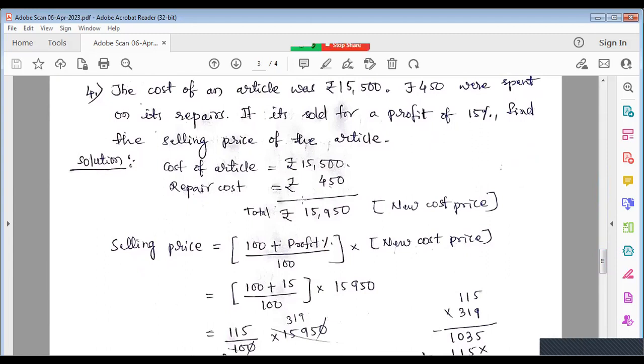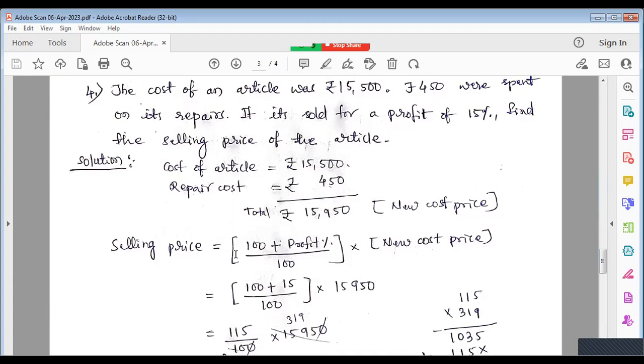Therefore, this repair cost you have to add to the cost price, because this is money spent by the owner of the article. So this gives 15,950, and this you have to take as the new cost price.